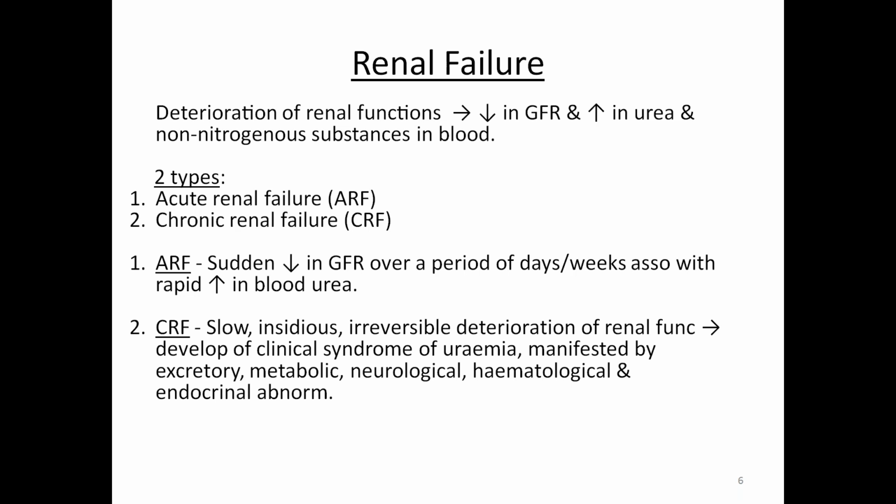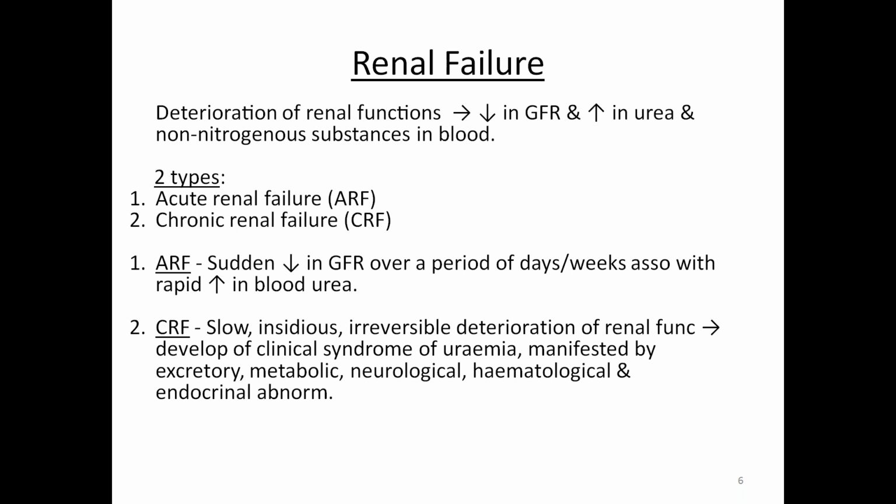So acute renal failure means that there is sudden decrease or deterioration in GFR over a period of days or weeks, and that is associated with rapid increase in blood urea. And chronic renal failure means that there is slow, insidious, irreversible deterioration of renal functions.